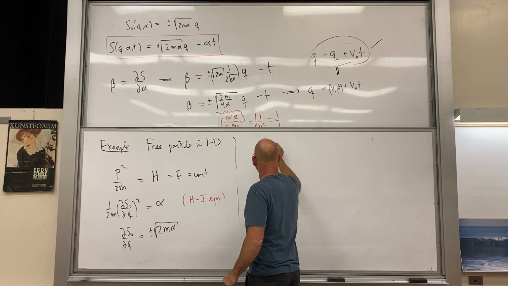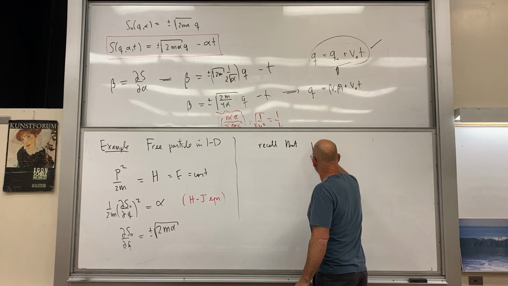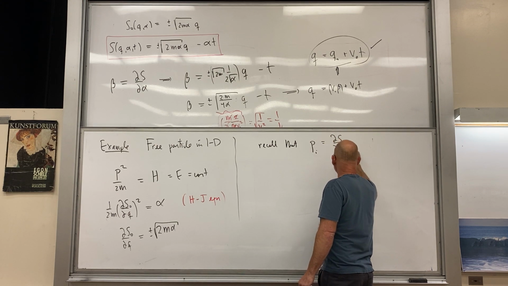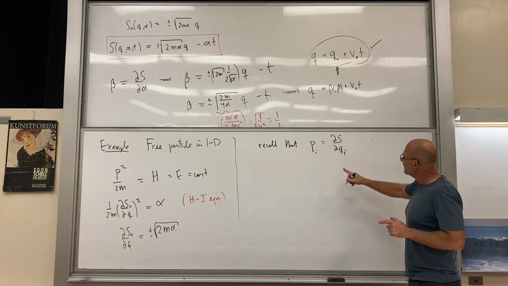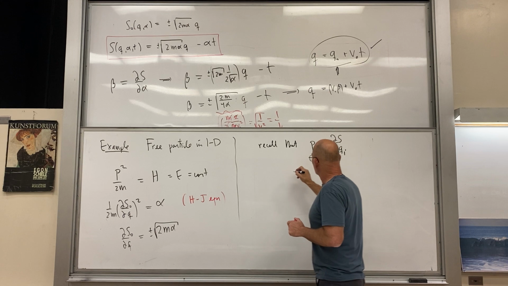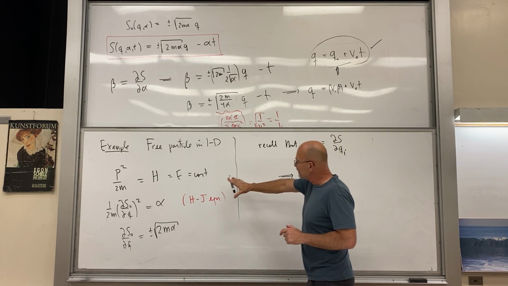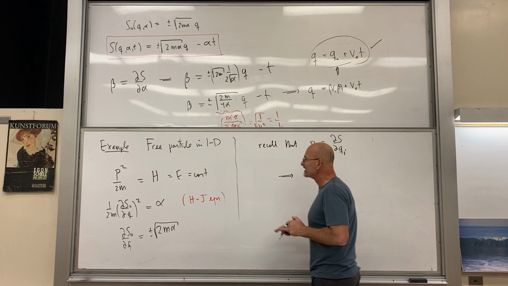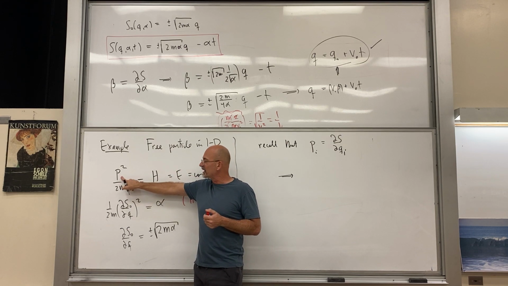Namely, recall that P sub I is equal to dS/dq sub I. That means that in this particular case, since we know P is a constant, this is a free particle, it has constant momentum.